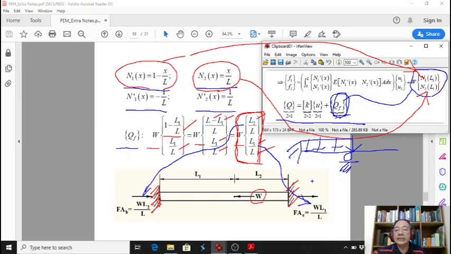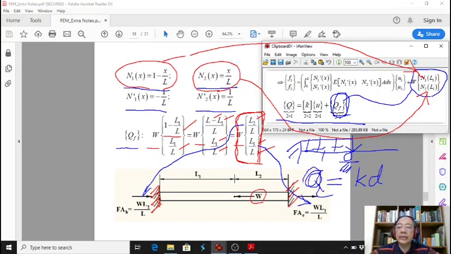So still we have Q equal to, for this member 1, Q short, like before, this is KD plus this is KD.